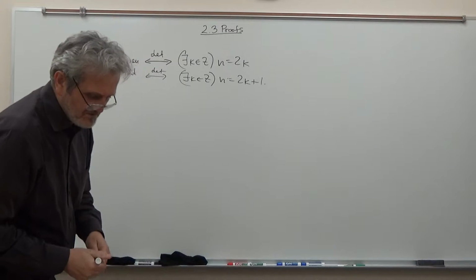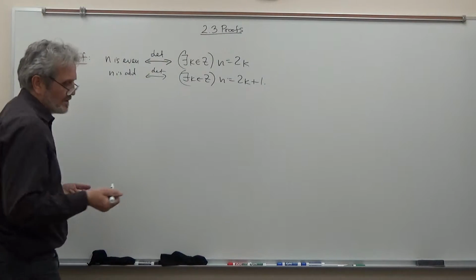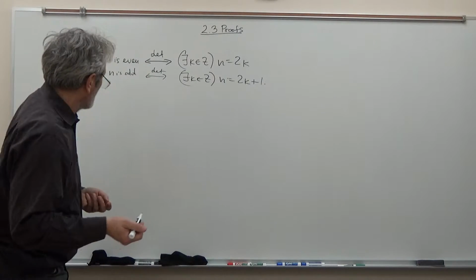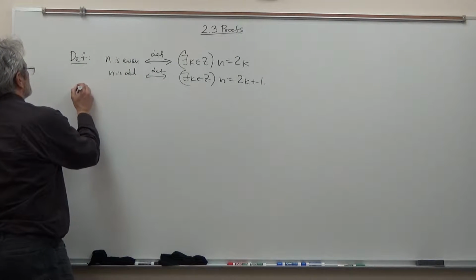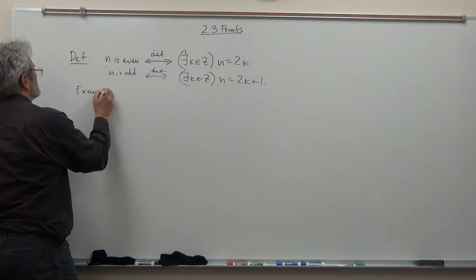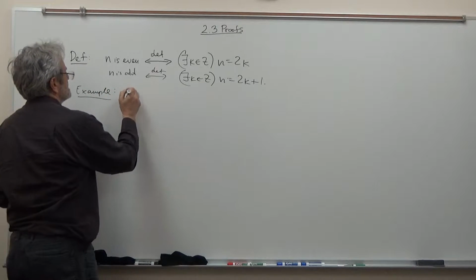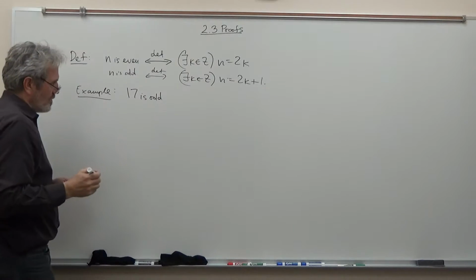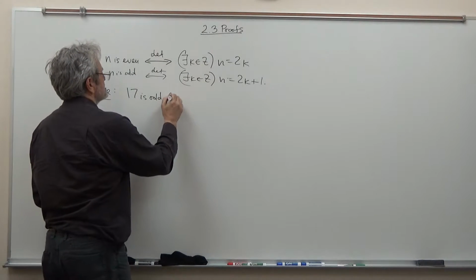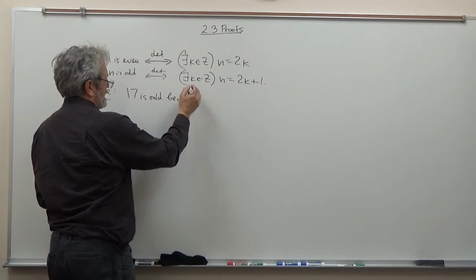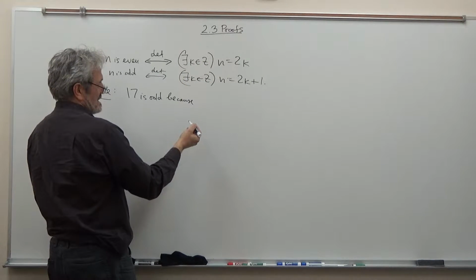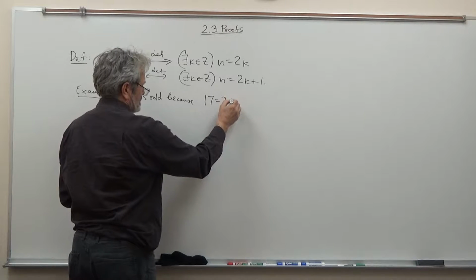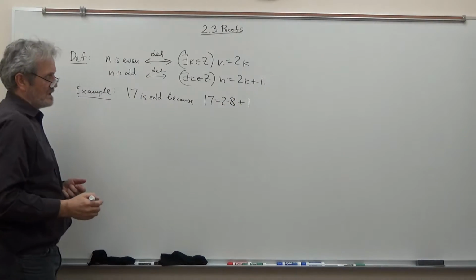I will skip a few things from my notes that are self-explanatory. So, example: 17 is odd. Why? Because actually I can find the witness. 17 equals 2 times 8 plus 1.